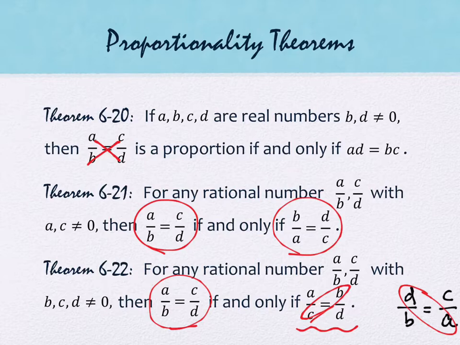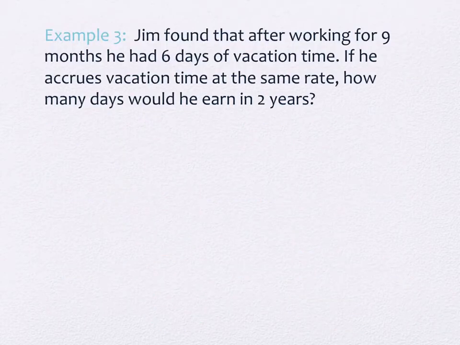Okay, so you can flip fractions upside down, you can multiply across diagonals, and you can also switch the two pieces along one diagonal or along the other diagonal, and it will work. All right, so what we're going to do next is take a look at some example problems of proportions. These example problems will have us setting things up in ways that compare them appropriately.